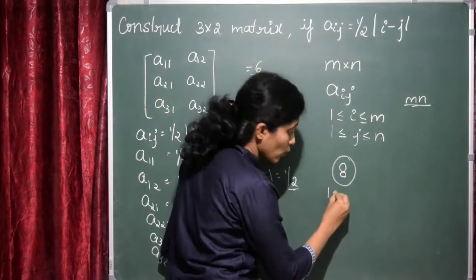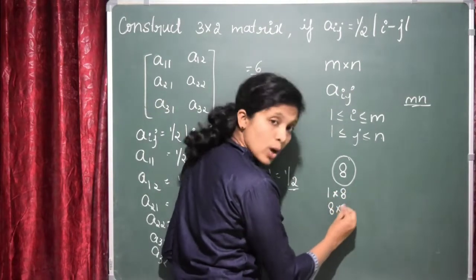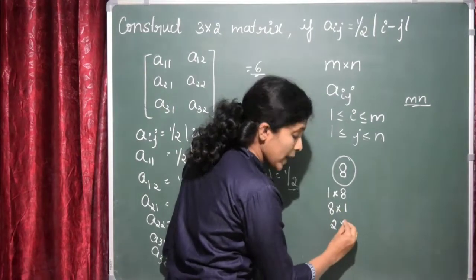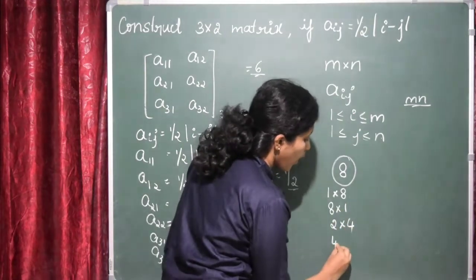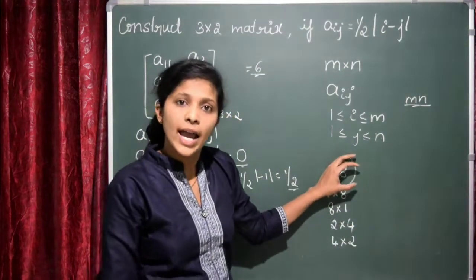We have to get 8 element possibilities. Either I can go with 1 by 8, right? This is possible, or 8 by 1 is possible, or 2 by 4 matrix is possible, or 4 by 2 is possible. These are the possible matrices with 8 elements.